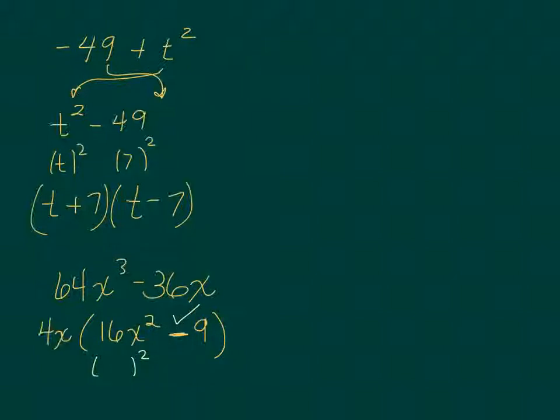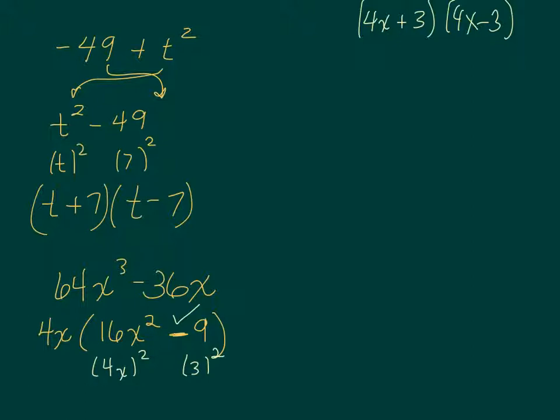Let's see, 16x squared. What do I have to square to get 16? 4. And what do I have to square to get x squared? x. And what do I square to get 9? 3. So 4x plus 3 times 4x minus 3.